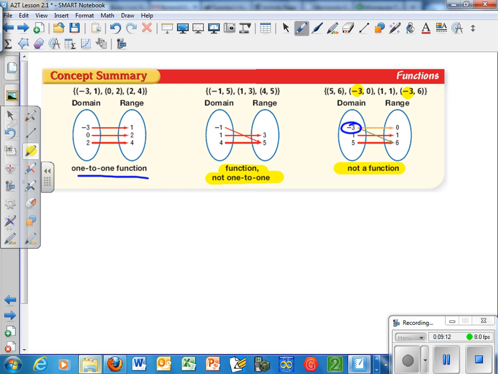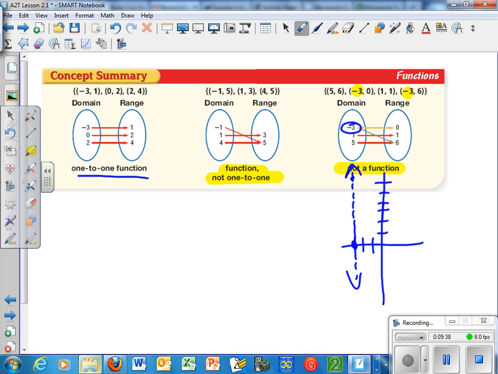If I plot those 2 points, -3, 0 would be on the x-axis, and then -3, 6 would be up here. I'm not going to plot the other points, but we're going to get into the vertical line test next. Notice if I drew a vertical line right there, it would go through those 2 points.